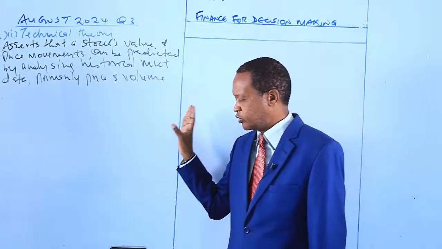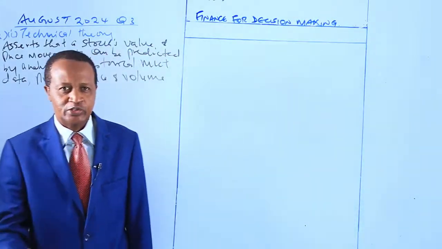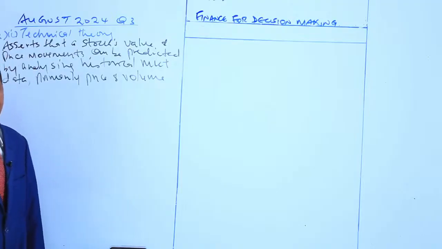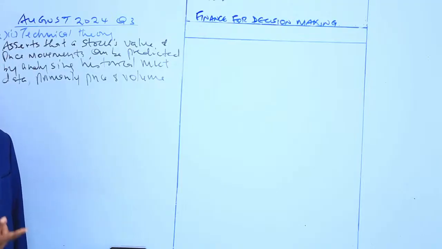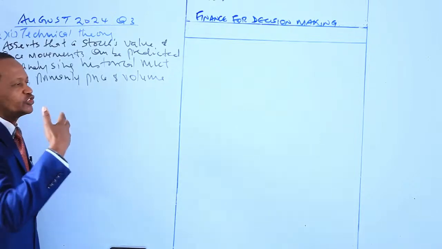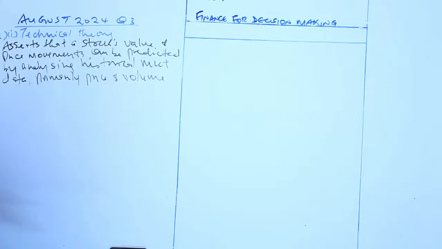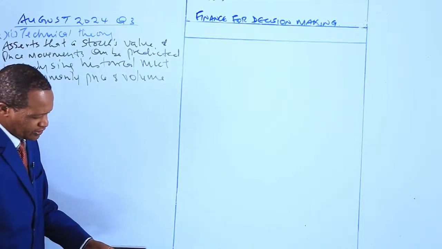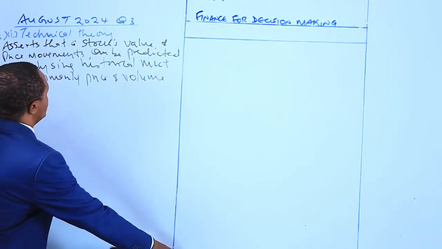This theory ignores the intrinsic value, and uses tools like charts, moving averages, and indicators to identify patterns, to forecast short-term price direction and make trading decisions. So that is a technical theory, 2 marks. Part 2, we have fundamental theory.